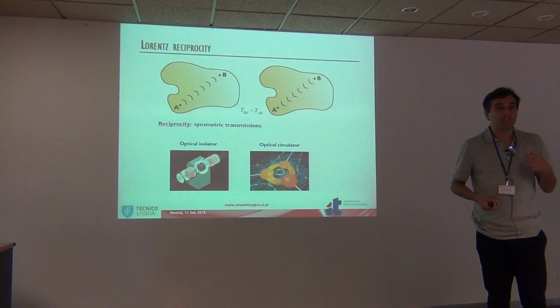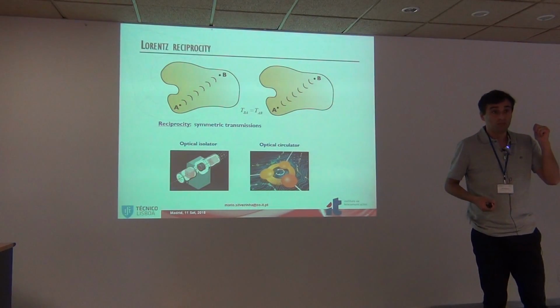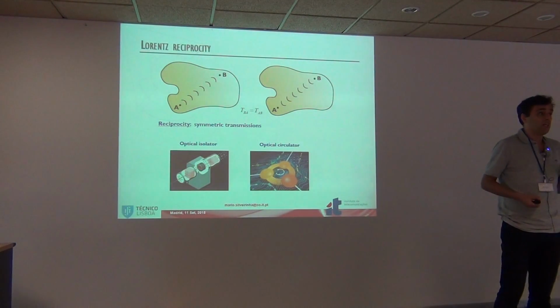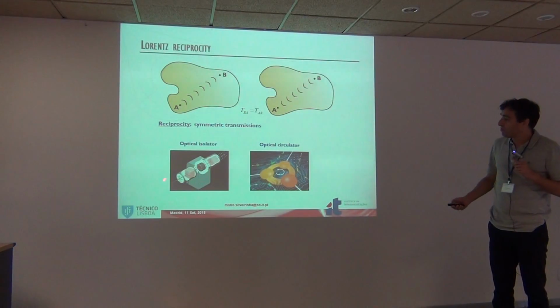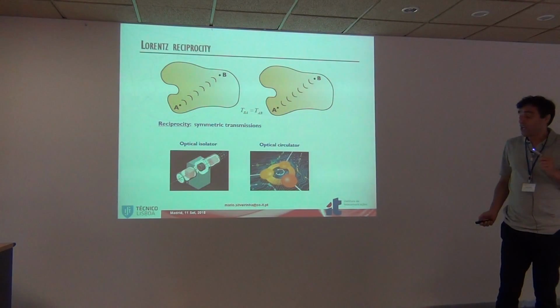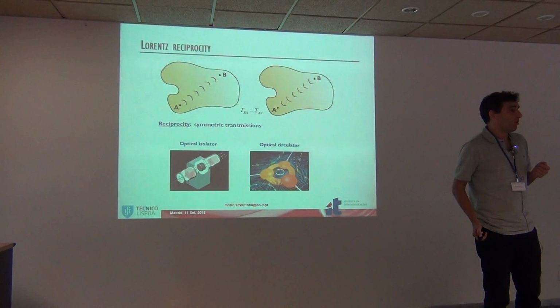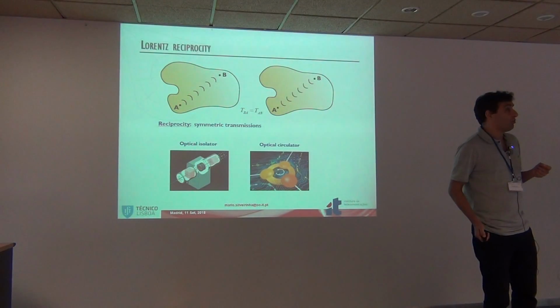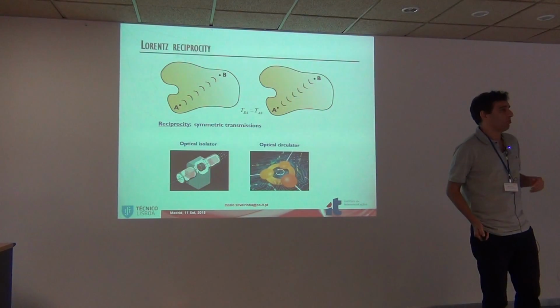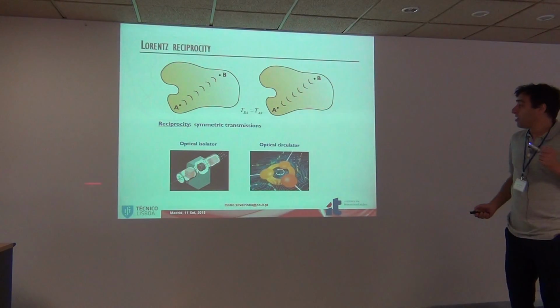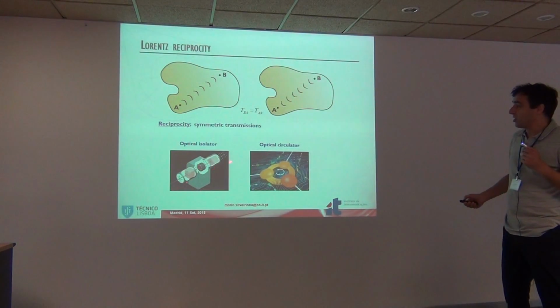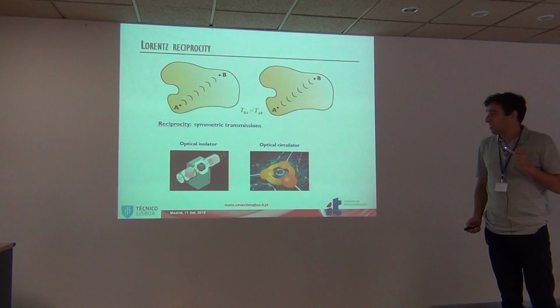If the load is mismatched, it is bad if the power comes back to the laser, because it may destroy it or affect the operation. And so people use these optical isolators. The way to break Lorentz reciprocity typically is to use a bias magnetic field. You put a static magnetic field, and you can make the system propagate just in one way.